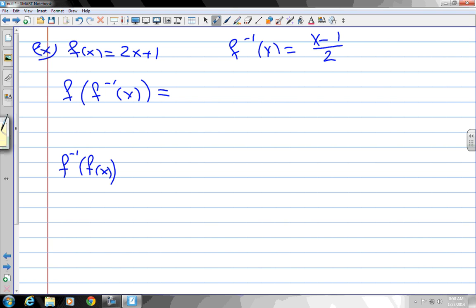The outside function, the inside function. So the inside function replaces the variable. So it becomes 2 times x minus 1 over 2 plus 1, like that. Right? So if I start simplifying that, the 2's cancel. So we're down to x minus 1 plus 1, so x. Good.